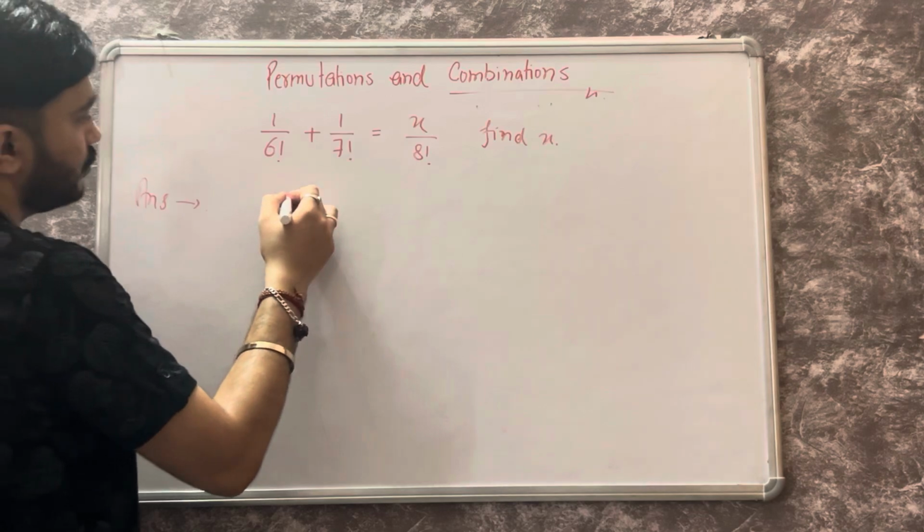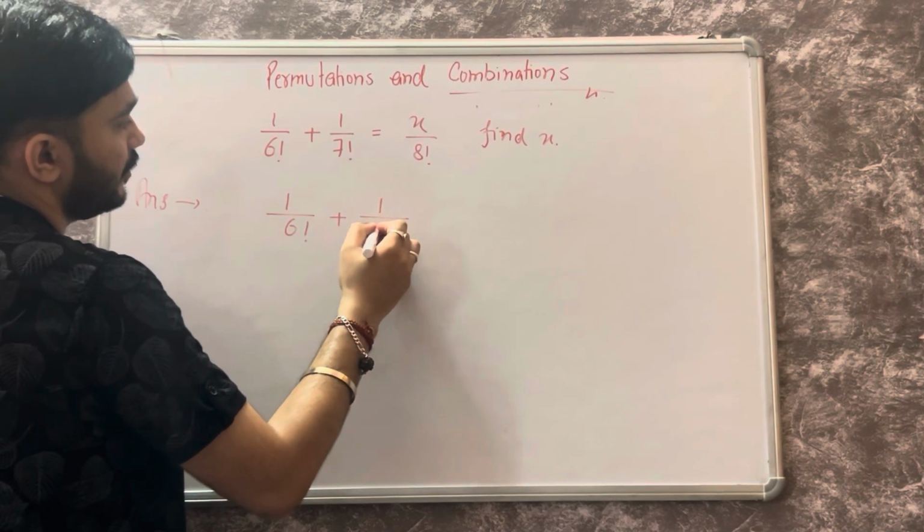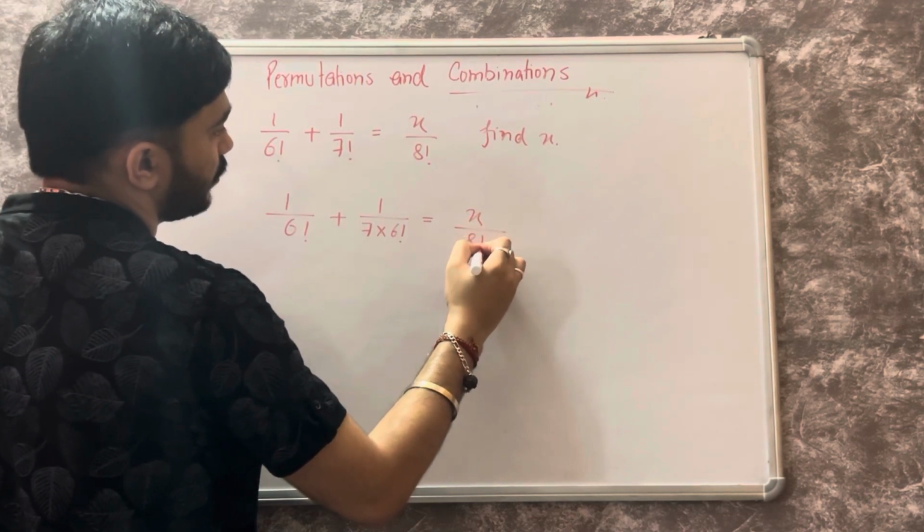The answer will be 1 upon 6 factorial plus, you can write 7 factorial as 7 into 6 factorial, equal to x divided by 8 factorial.